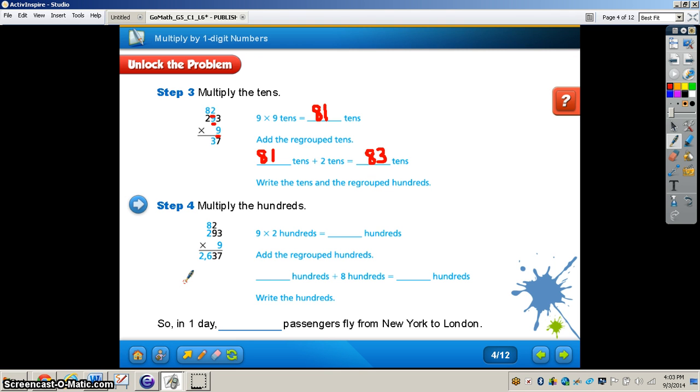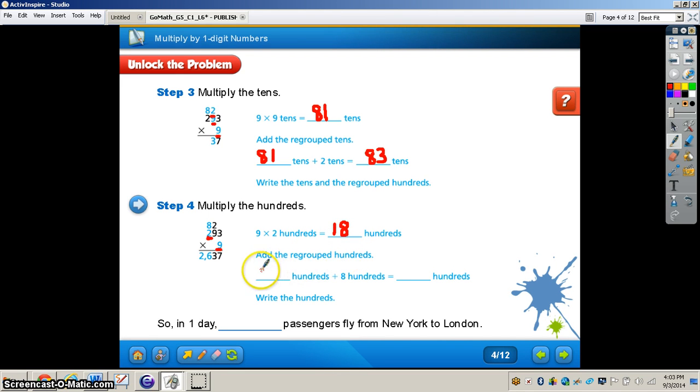And then we move on down to step number 4. Okay, step number 4, we're multiplying 9 times 2 in the hundreds place, so 2 hundreds. So 9 times 2 is going to give me 18 hundreds. Okay, now what we do from there, we want to add the regrouped hundreds.